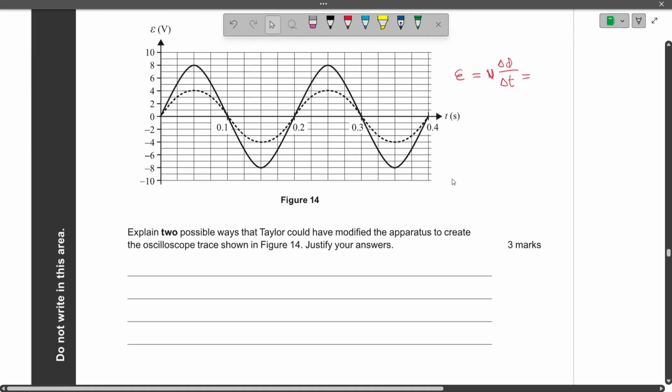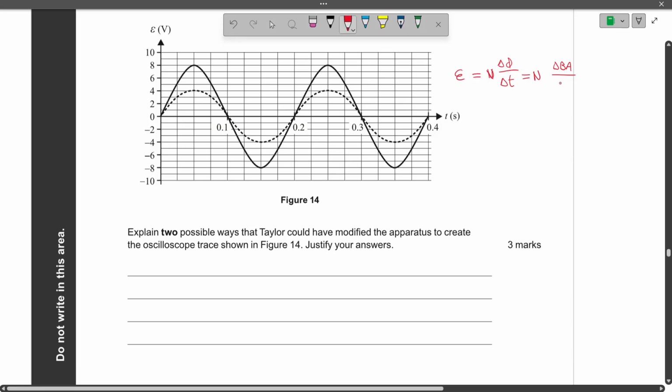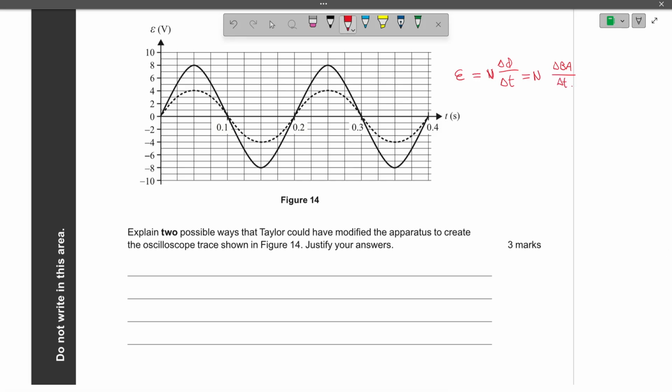So it doesn't say anything about the coil having to be constant. And by the way, flux is magnetic field strength times area. Okay. So, explain two possible ways that Taylor could have made a modification to the apparatus.